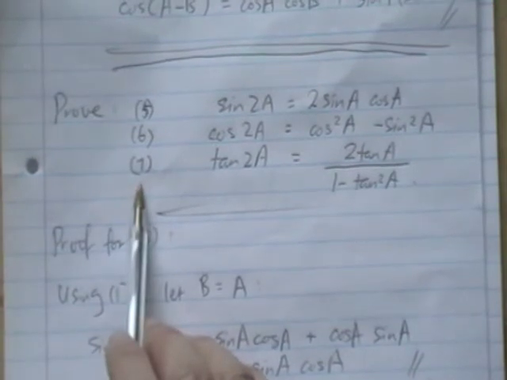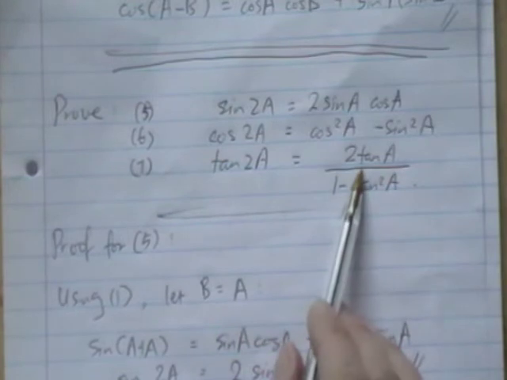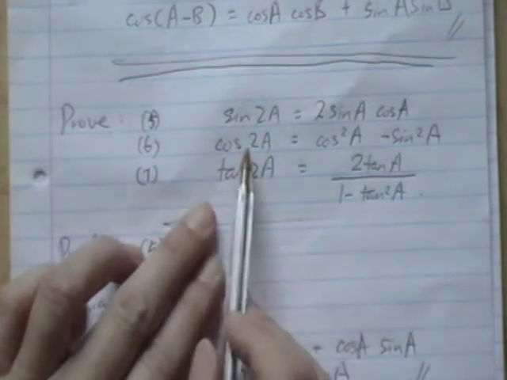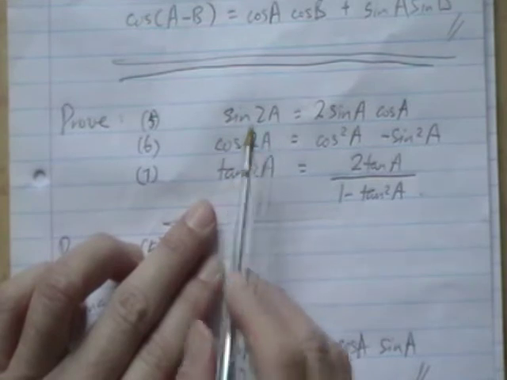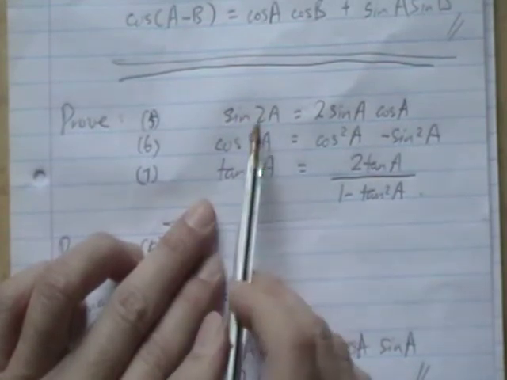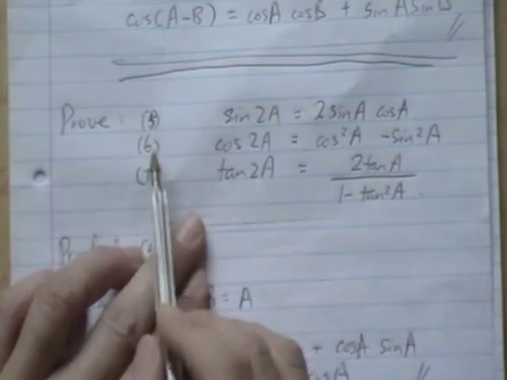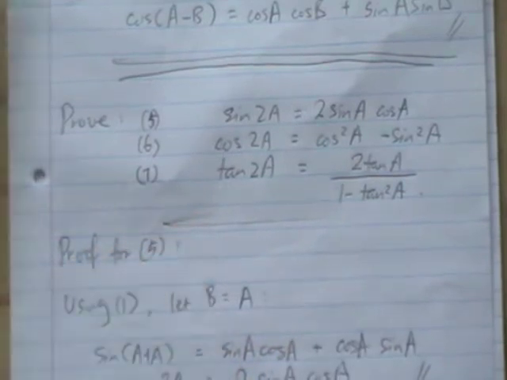This last one is number 7, which is tangent of 2a equals this. Now the way to prove this is to make use of the previous two results, because we now know that tangent is equal to sine over cosine. So why not try dividing number 5 by number 6, and see if it works.